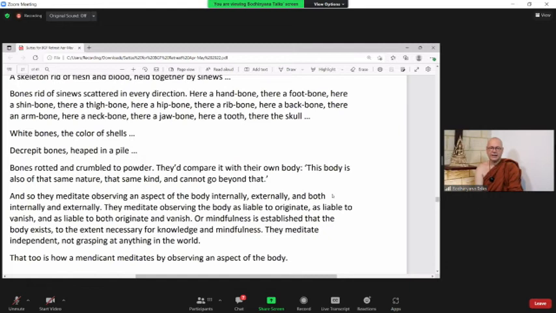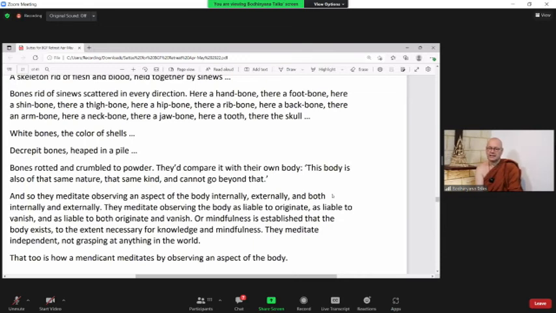And then you have the summary, the various contemplations again. And so they meditate, observing an aspect of the body internally, externally, and both internally and externally. Yeah, this makes sense because you can relate this idea of the skeleton and the corpse to yourself and to other people. It's the same idea. All bodies are ultimately the same. They meditate, observing a body as liable to originate and to vanish, and both to originate and vanish.